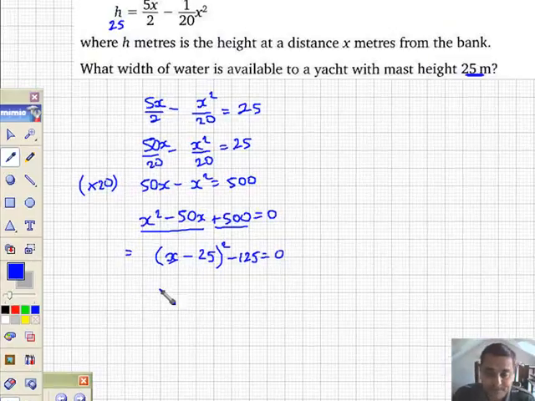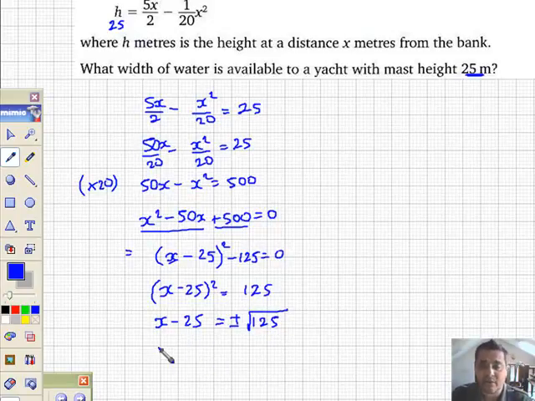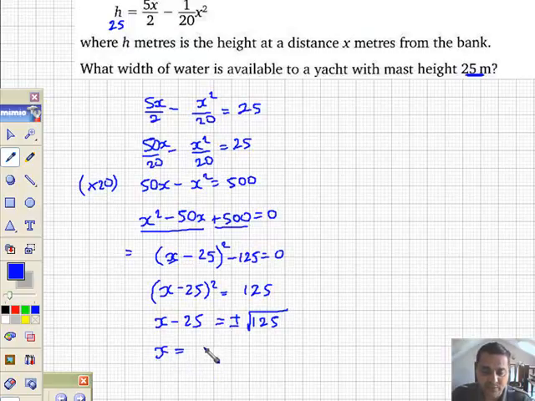Now I've just got to solve it. So x minus 25 squared equals 125. Alright, take it over and plus it. Now just get the square root of 125. Now listen, it's quadratic. I can do plus or negative the square root of 125. And then take my minus 25 over and add. So these are my two solutions.